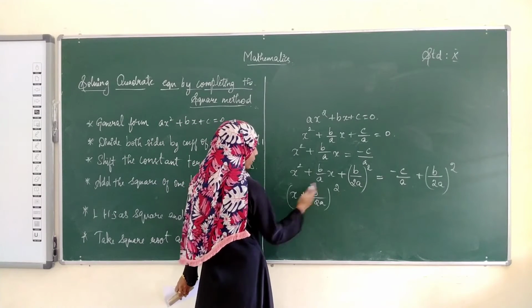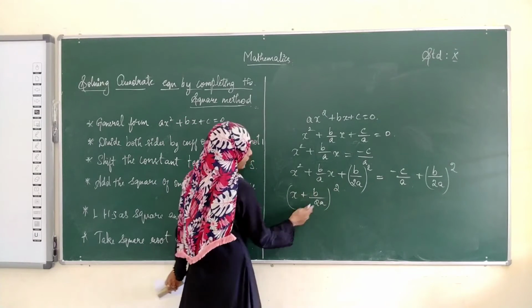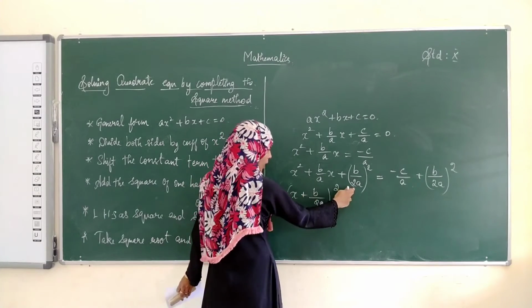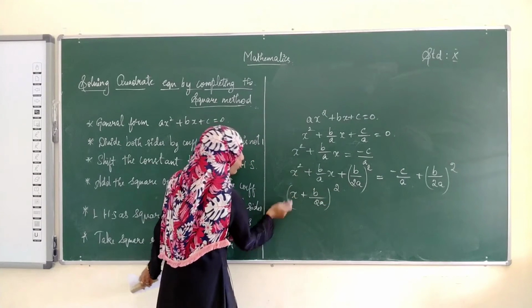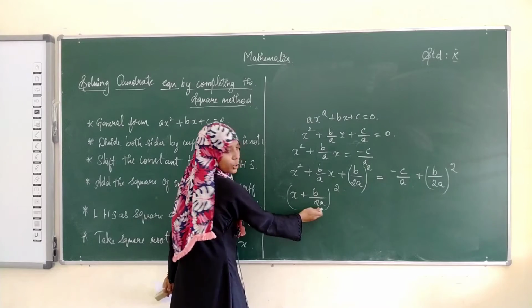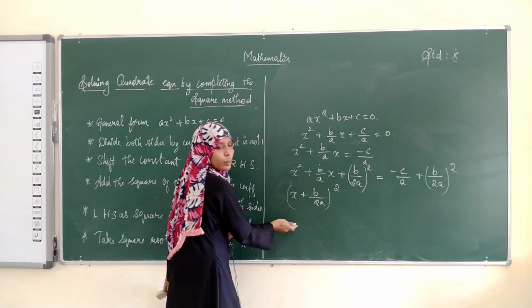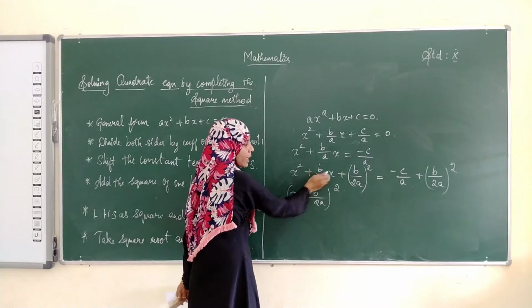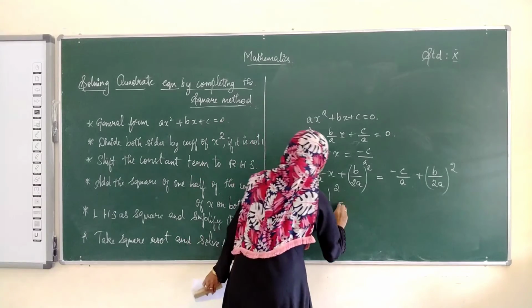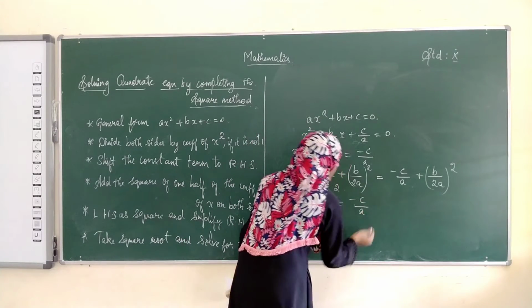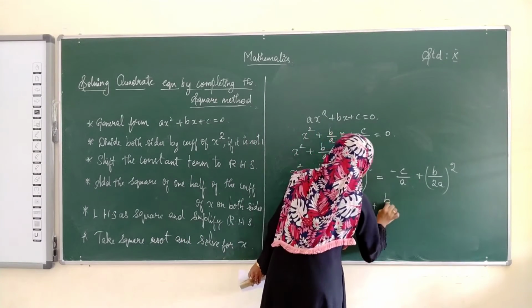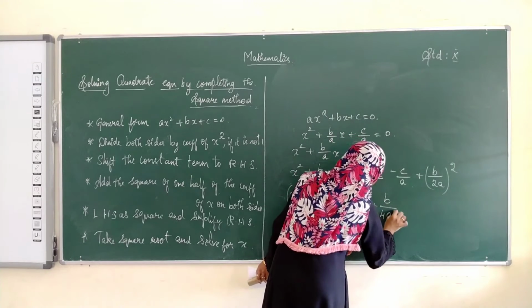Simplify this, that is x square plus b divided by 2a the whole square plus 2 into x into b divided by 2a. The 2 in the numerator and denominator gets cancelled. The remaining term is b divided by a into x is equal to, we have to simplify this. c divided by a, the term is b divided by 4 into a square.